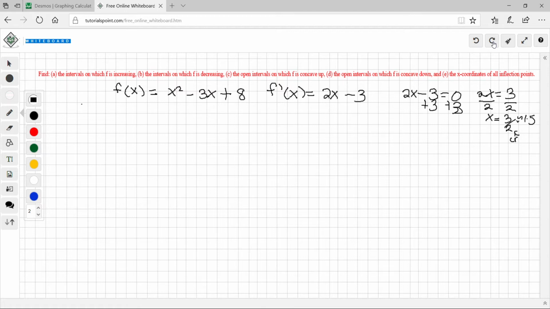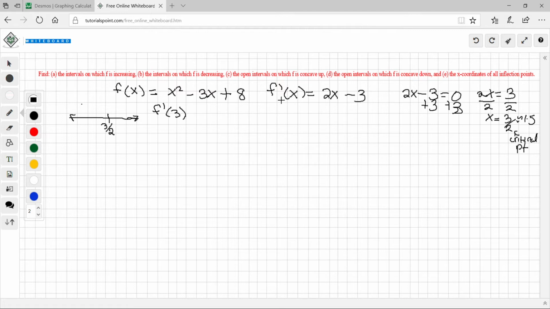So now you've got to test points to see if it's increasing. Put it in a number line. So put 3/2 in the middle, because that's our only critical point. Then to figure out if it's increasing, you need a number that's bigger than 3/2 and a number that's less than 3/2. I'm going to use positive 3, and I'm going to put it in the first derivative, not the original one.